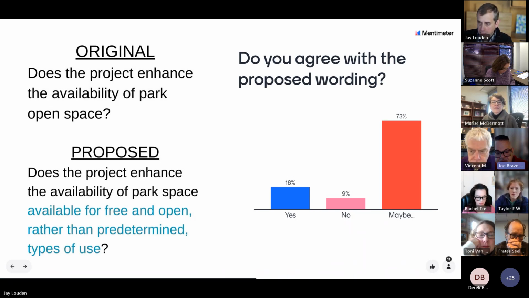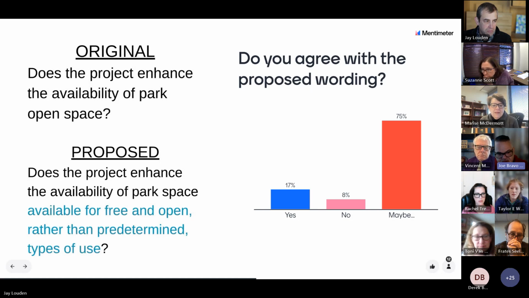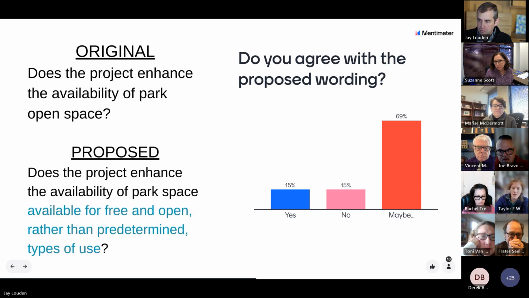I think there's too many words here. It could be shortened. Enhance free and open park space maybe is a better way to take it. You have availability and then available, the same word again. It just needs to be pared down and more succinct. Okay. Taylor?